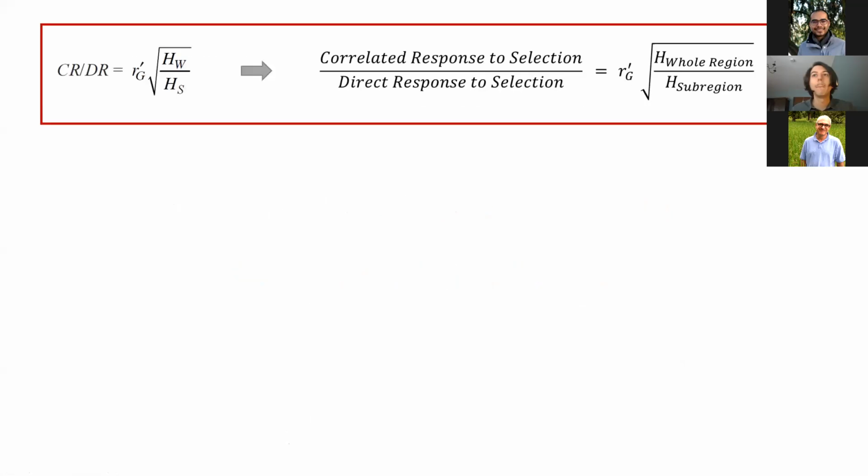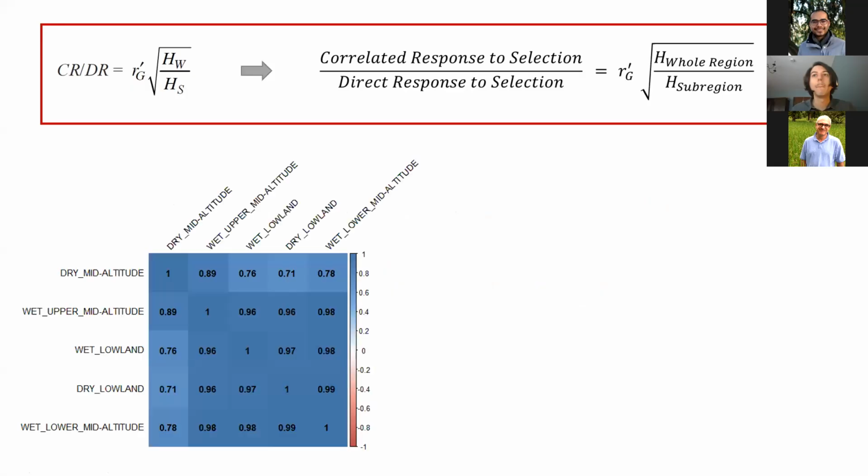And now we just ran our model and checked what we see. So the factor analytic model gave us these genetic correlations between the different subregions, the 5 subregions. And you can see that they're, in general, pretty high.